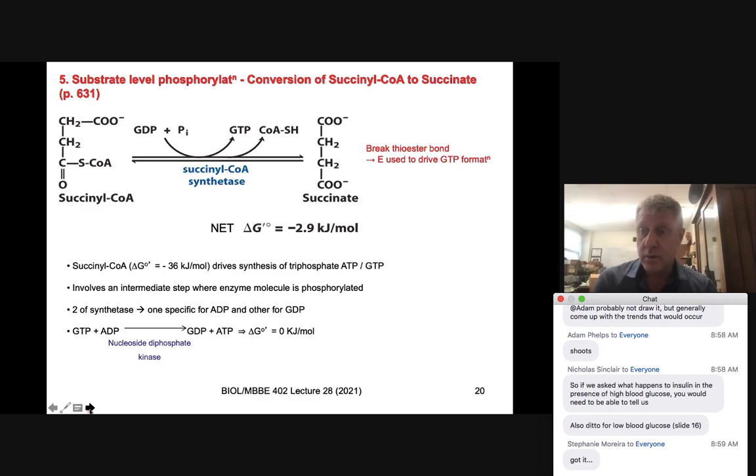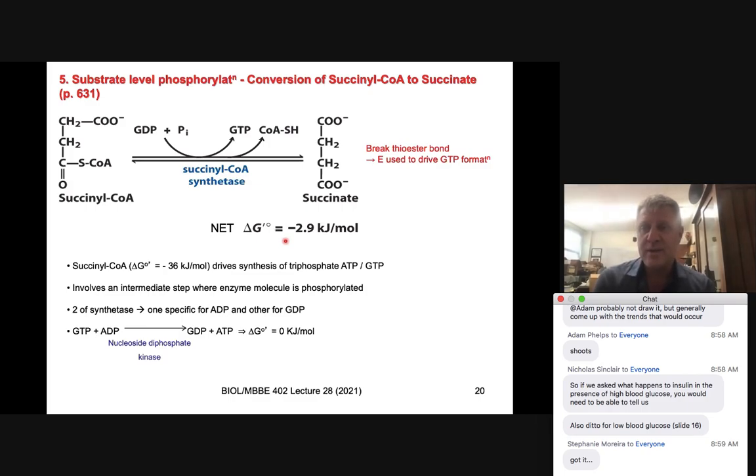And again, that is equivalent to ATP. So in this case, we're breaking down a thiol ester bond, causing its release, using the energy to drive then the formation of GTP. And it only takes minus 2.6 kilojoules per mole. So we're still in the negative, which is good.